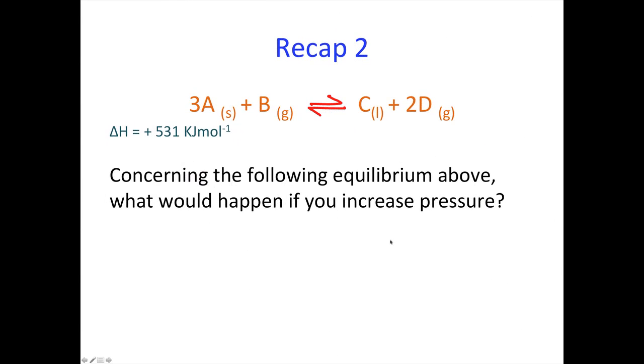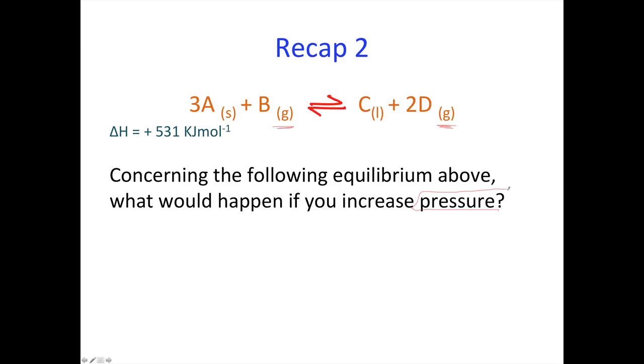All right, technical error there. So, concerning the following equilibrium above, what would happen if you increase pressure? Now remember, the whole trick here is all about state symbols. I hope you noticed that, right? You're only dealing with gaseous molecules when you are talking about pressure.